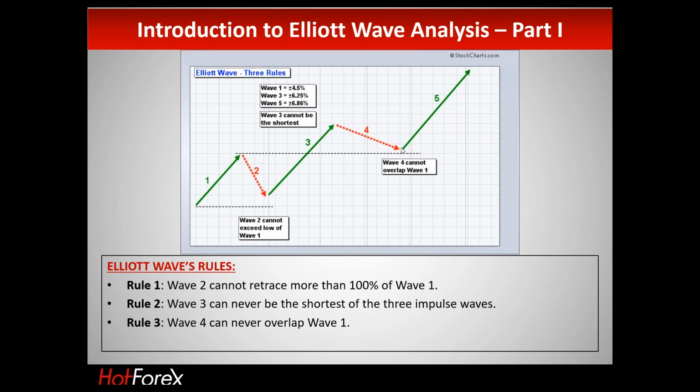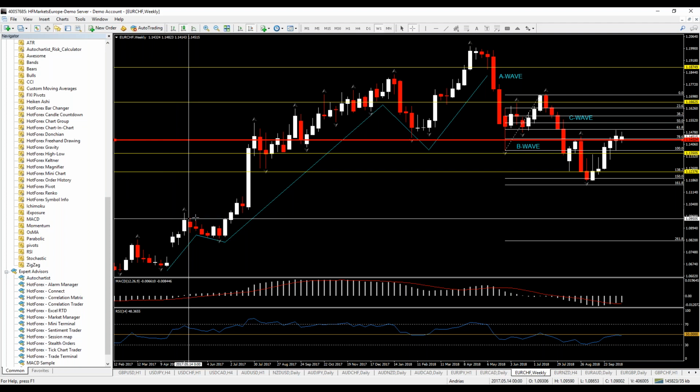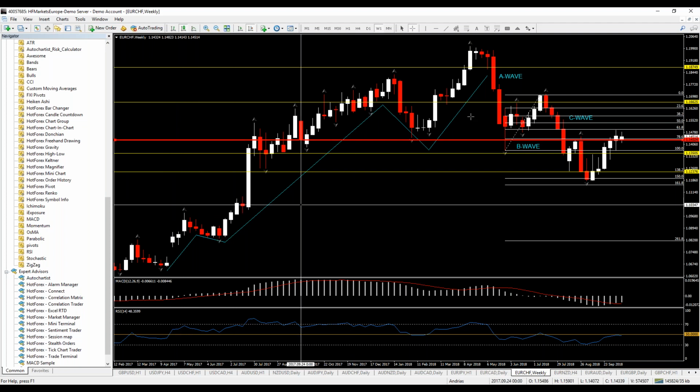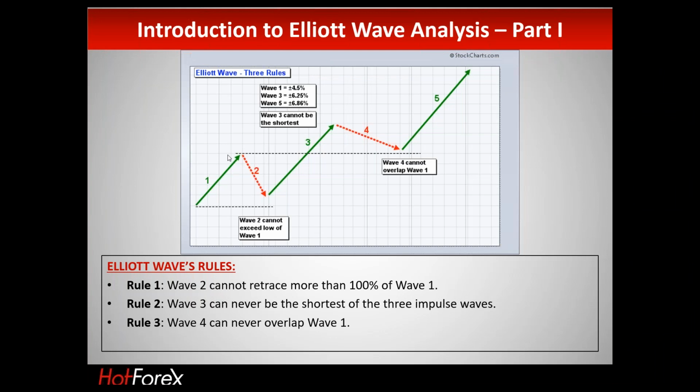It needs to go as far as the peak of wave 1 and rebound in order to satisfy an Elliott wave corrective wave. You see, in my chart, the 4 went down, but it didn't overlap the peak of wave 1. It goes down, but it must not go below the peak of wave 1.